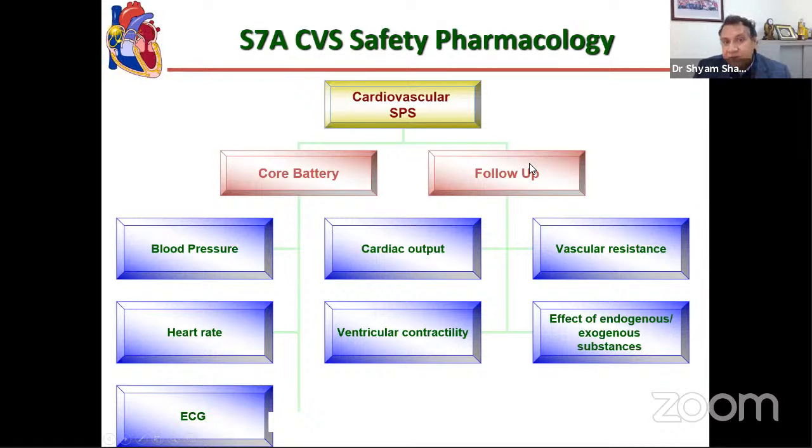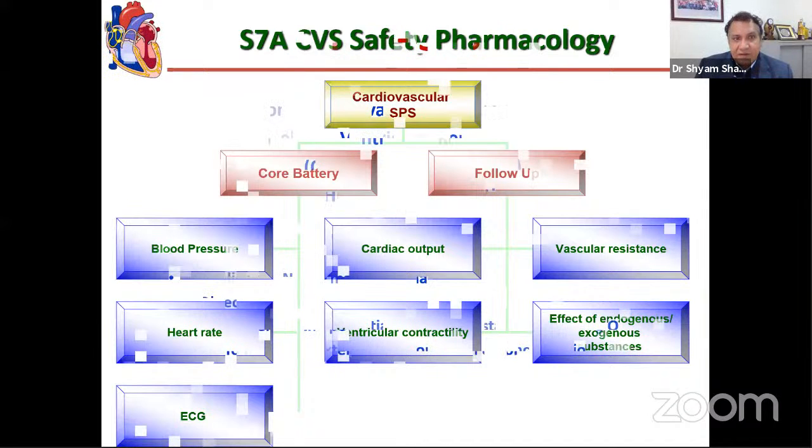In follow-up studies, if there is a cause of concern, a change in the blood pressure, heart rate, or ECG, you can do cardiac output studies, vascular resistance, ventricular contractility, and the effect of endogenous or exogenous agents, whether they alter the new chemical entity-induced effect. Like adrenaline, noradrenaline, or sodium nitroprusside, a nitric oxide donor, whether they are changing it, you can use them for these kinds of studies. So that is cardiovascular safety pharmacology.